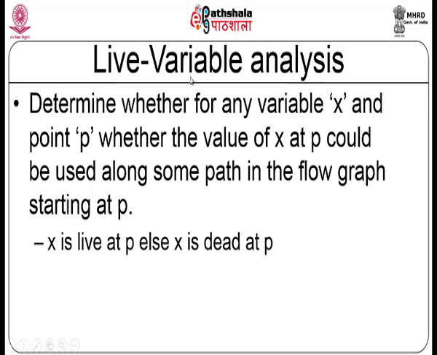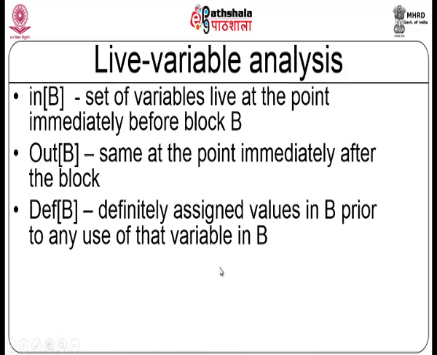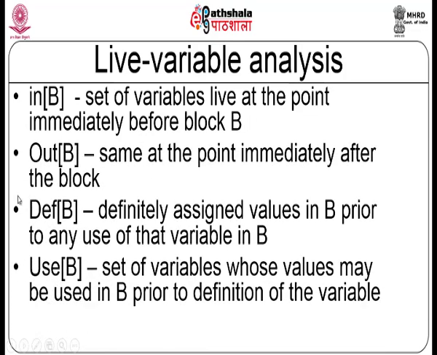This is what was used as a basis for your register allocation computation. So you have to find out whether for any variable x and point P, the value of x at P could be used along some path in the flow graph starting at P. So x is said to be live at P, else x is said to be dead at that particular point P itself. Now to do this we have 4 computations.